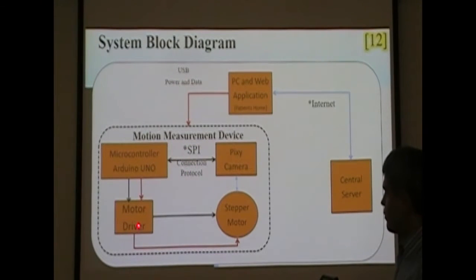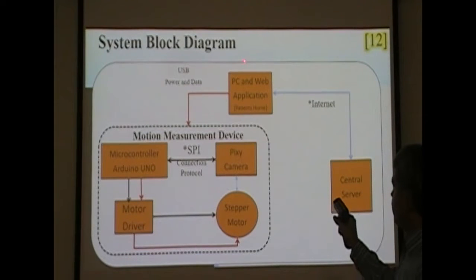We have a motor driver connected to the microcontroller UNO as well, which feeds information to the stepper motor for the linear motion movement. We have the PC application where the patient will access and start the test, and communicate to the central server for data collection.